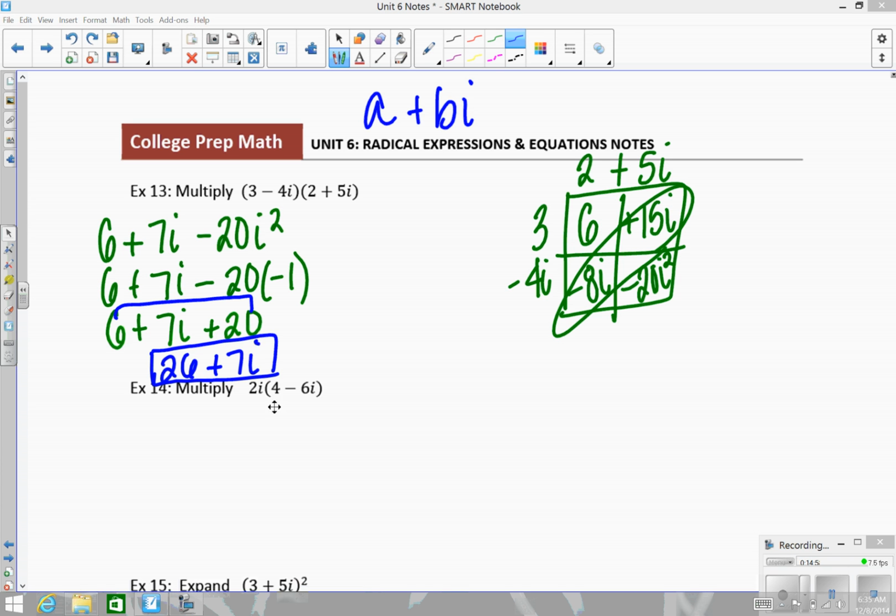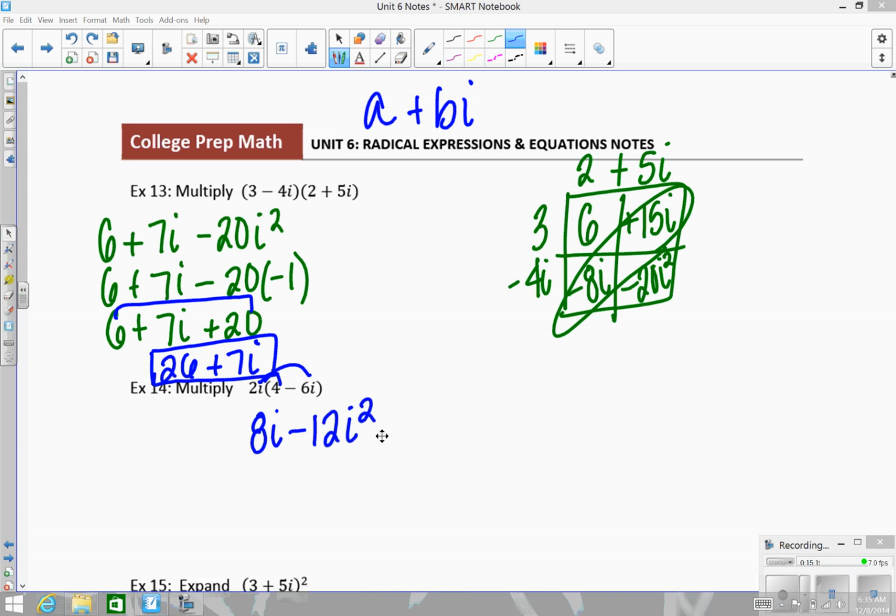For this one here, it's just a distributive property. So we do 2i times 4 is going to give me 8i minus 12i squared. So it's basically just thinking of your i as like an x. The only difference is you have to remember that i is not a variable, it's a number, so it's an imaginary number.